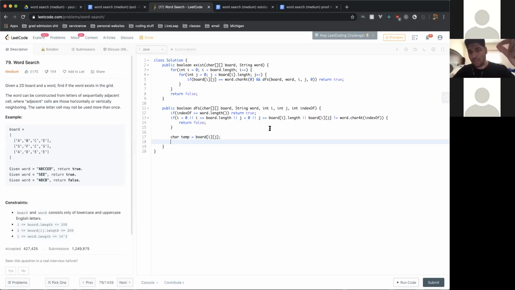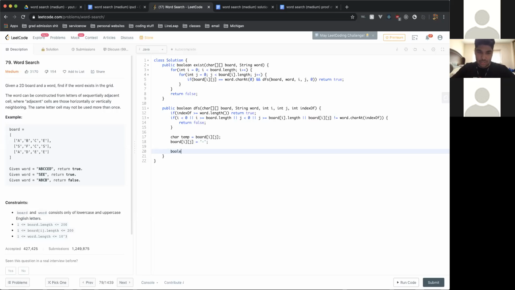The next time we want to reuse that vertex, if it's not reset properly, we won't be able to reuse it for a valid path, and that's going to screw up the problem. So we've stored this in a temporary character, and now we want to set board ij to be something invalid, like a dash. And here's where we make our recursive calls to our helper function.